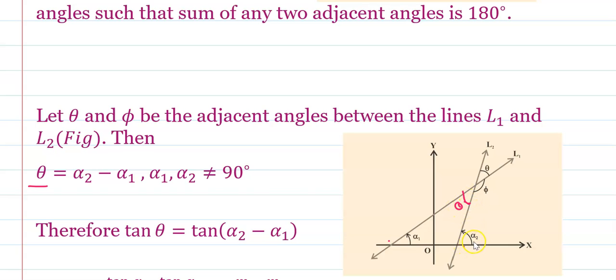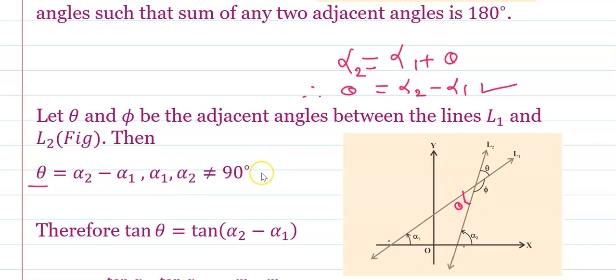Alpha 2 is the exterior angle of the triangle. The measure of alpha 2 is equal to the sum of its remote interior angles, that is alpha 1 plus theta, and therefore theta is equal to alpha 2 minus alpha 1. Okay. Alpha 1 and alpha 2 are not equal to 90 degrees.